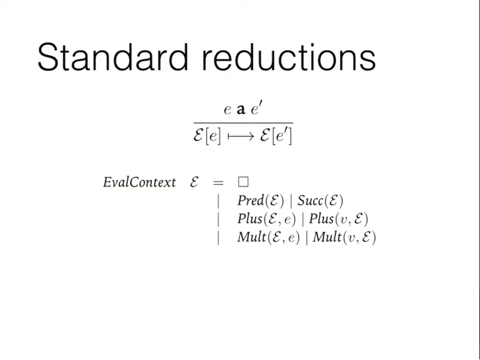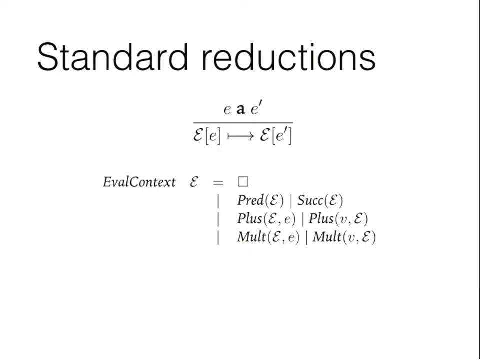So you'll see evaluation contexts a lot in papers. And the way that I read them is it's just telling you where you do the reductions in order. So when you've got a plus expression, you do the left side first. That's what this production in the grammar is saying.